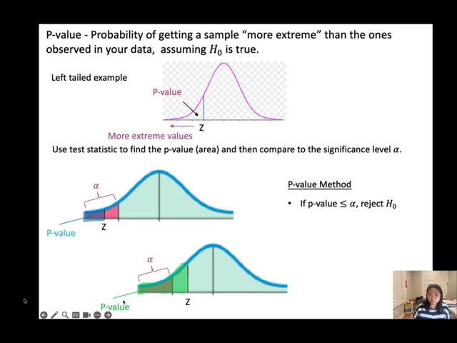This time the p-value will be greater than the significance level, so we say fail to reject the null hypothesis, because your test statistic is located in this part, and this part represents your null hypothesis. Does it make sense to you guys? I need you to highlight this part. Make sure you remember: p-value less than or equal to alpha, we reject. If your p-value is strictly greater than alpha, then fail to reject.